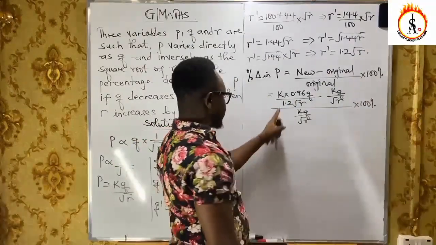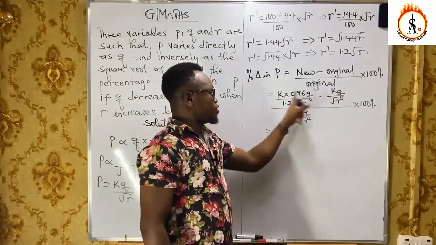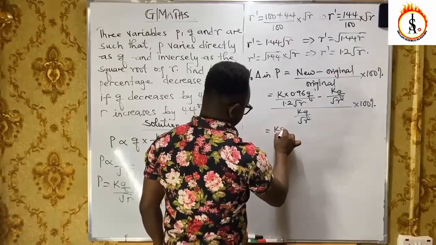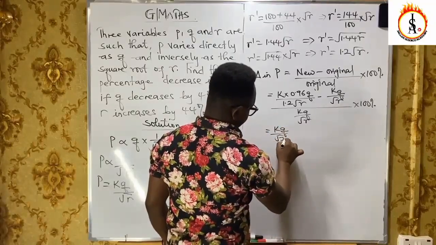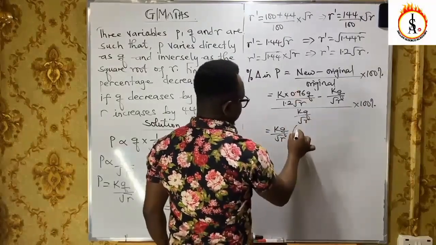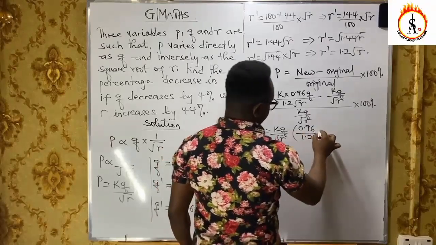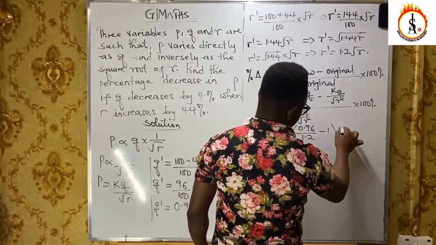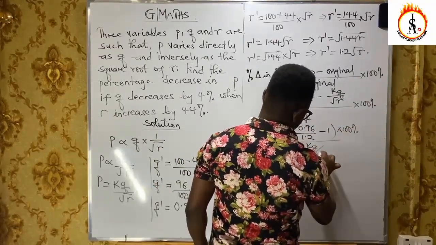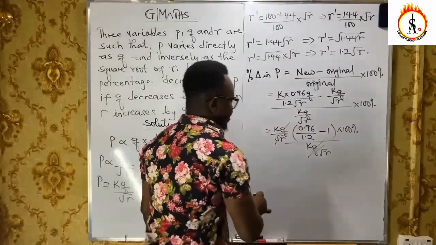So now what we do here, we're seeing KQ and the denominator of root R, KQ denominator of root R. So we can factorize KQ root R out. So we say KQ root of R will be factorized out into, here we get 0.96 divided by 1.2 minus 1 multiplied by 100% here all over KQ upon square root of R. So this guy and this guy cancels.